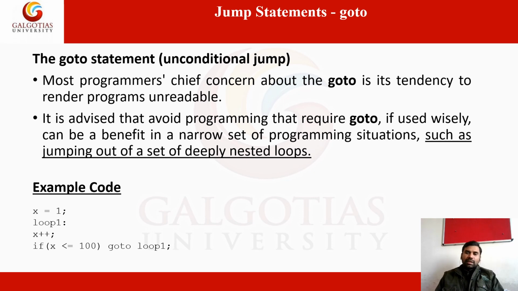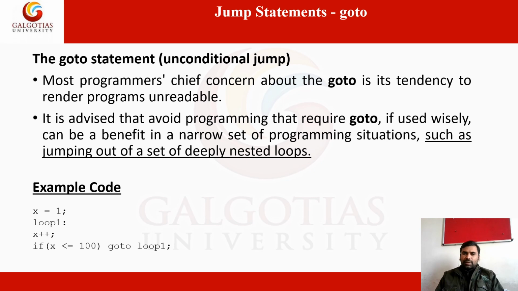Goto statement is an unconditional jump statement. Most programmers are concerned about the code's tendency to render programs unreadable. For example, let's look at this loop one: x plus one, so goto loop one. This is what happens, and it may be confusing, not a wise decision.